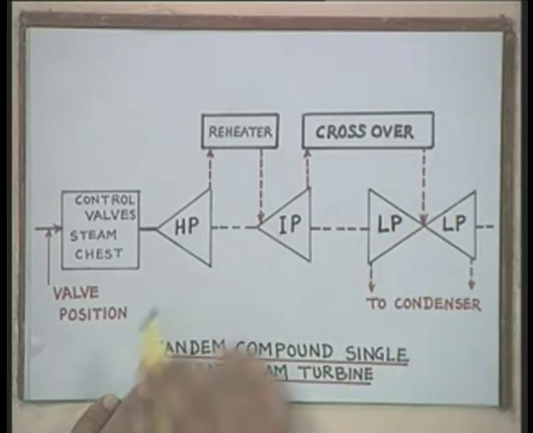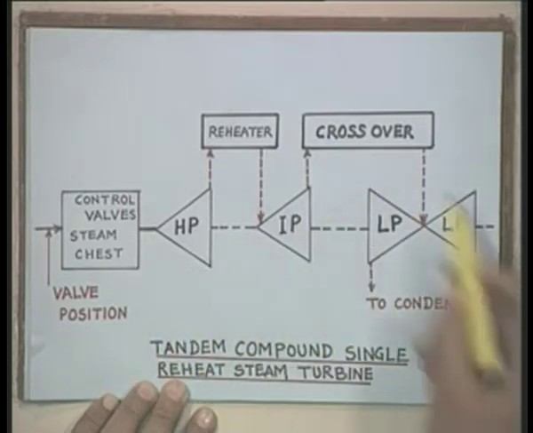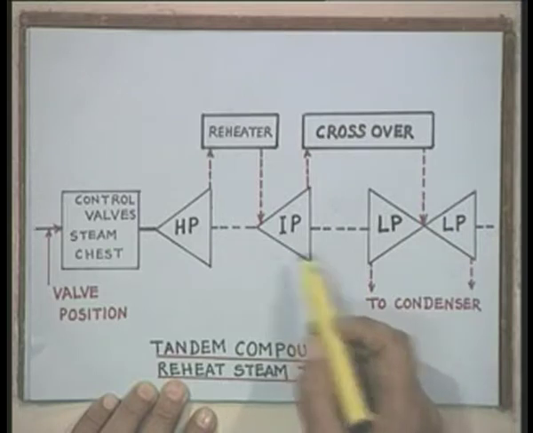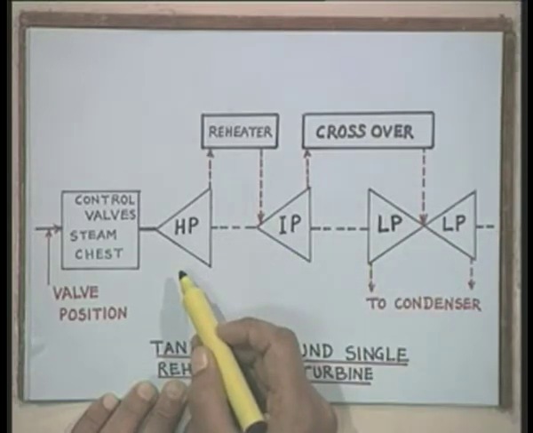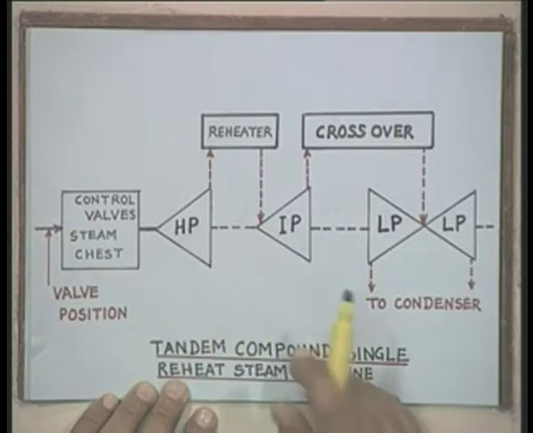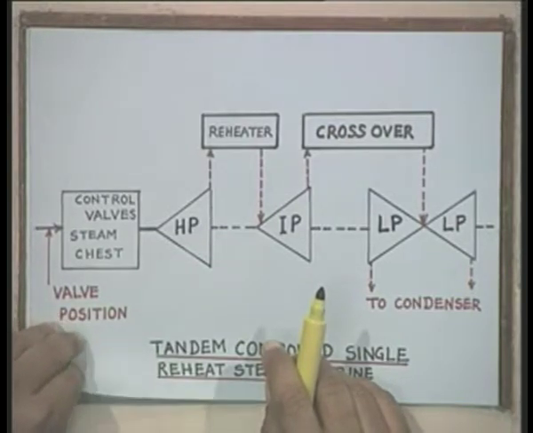Generally you find that around 70% of the power is produced in the intermediate pressure and low pressure sections, and about 30% in the high pressure section. Therefore, while modeling we have to account for the fraction of the power produced in each of the sections.